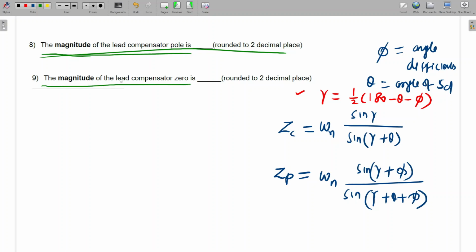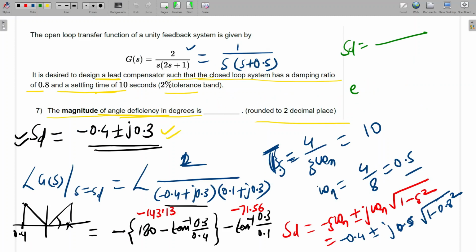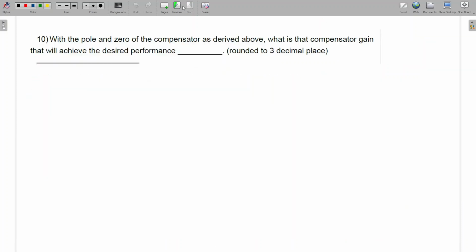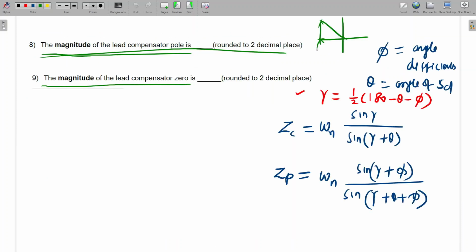We already know s_d, the desired pole: minus 0.4 plus j0.3. What will be the theta value for this one?